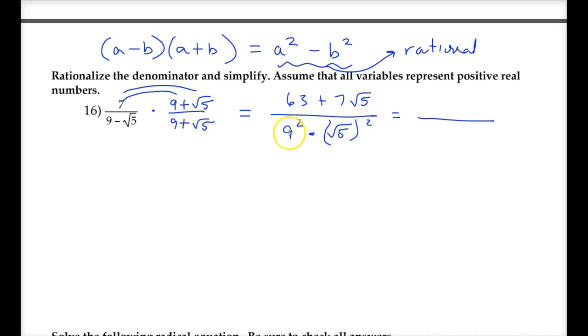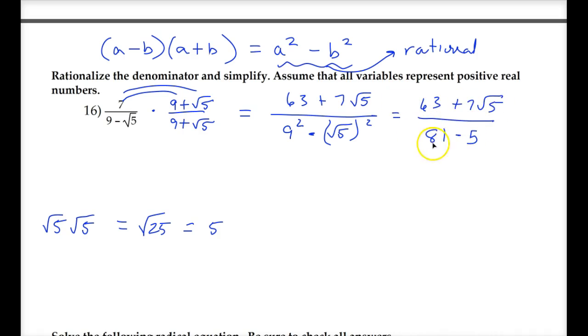In the denominator here, we know that 9 squared is 81, and square root of 5 squared is like taking square root of 5 and multiplying it times itself, which is the same as square root of 25, which is just the same as 5. So we say that minus 5. And of course, 63 plus 7 times square root of 5 there.